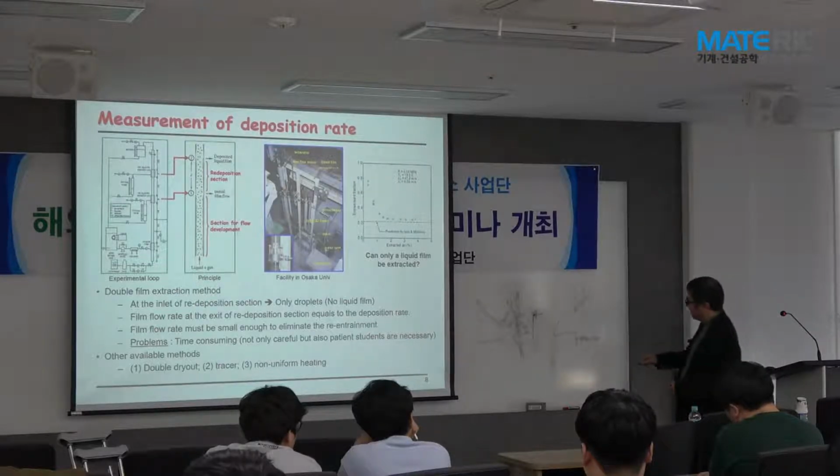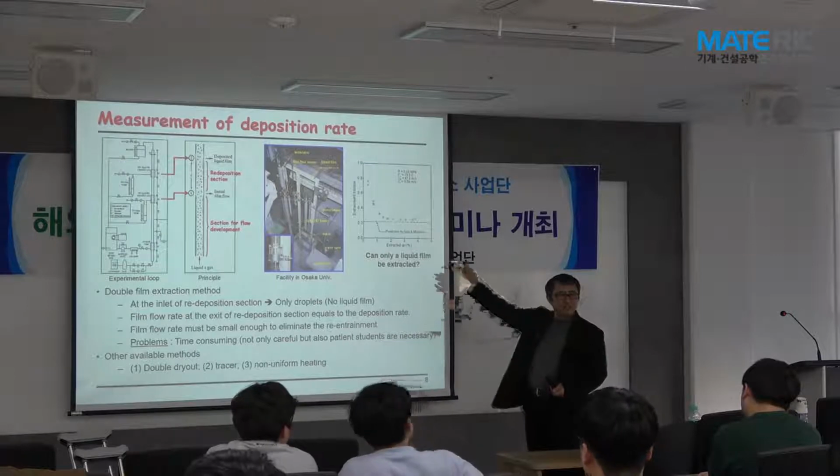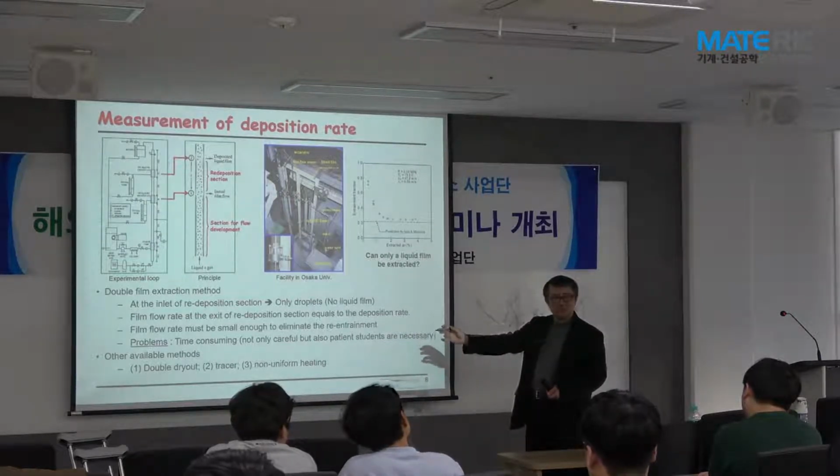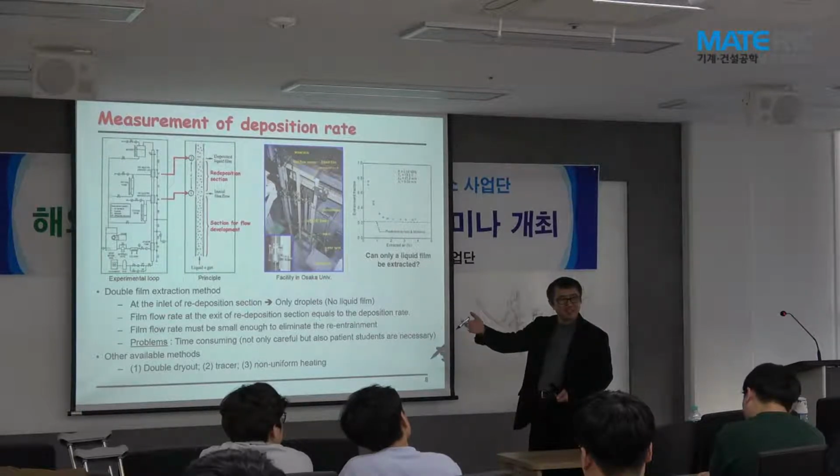In my case, the situation is annular, vertical flow. In the case of vertical flow, to obtain annular two-phase flow, rather high gas velocity is needed. If the gas velocity is, for example, 10 or 20 meters per second, in that case the flow regime is a churn flow or something like that.